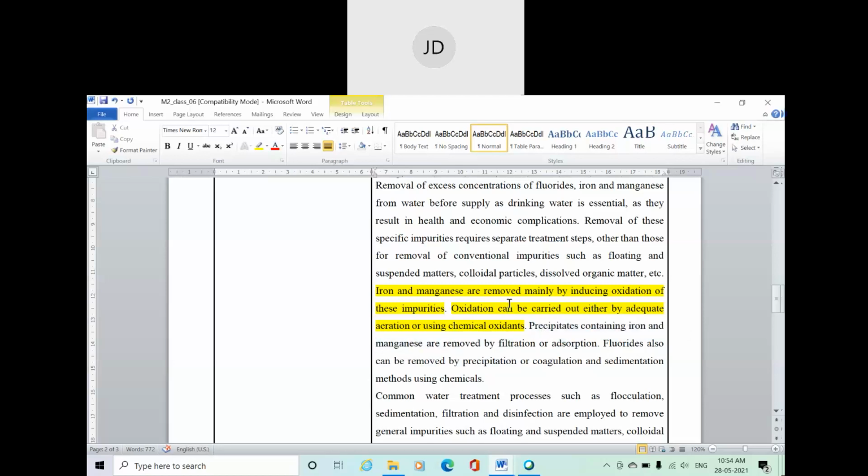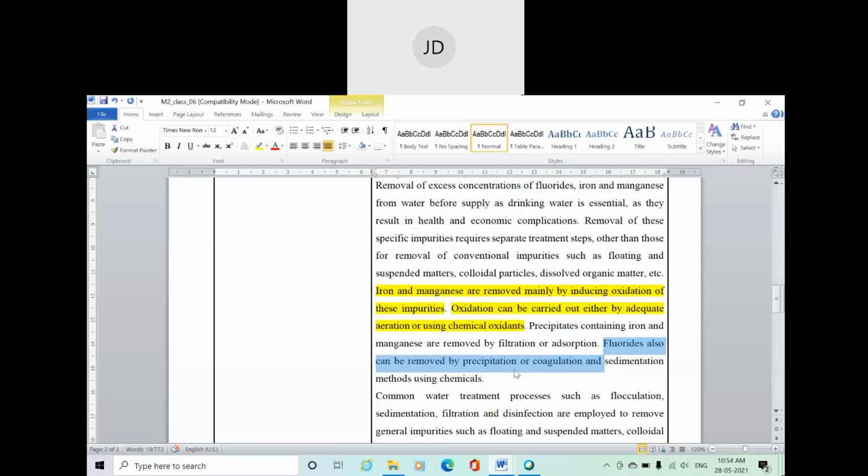That means when you go for aeration, that means passing of air into water, during aeration this iron and manganese get oxidized by the oxygen, and they get precipitated. Precipitate means that they get settled in the treatment plant. So that precipitate containing iron and manganese can finally be removed by doing filtration, or by adsorption.